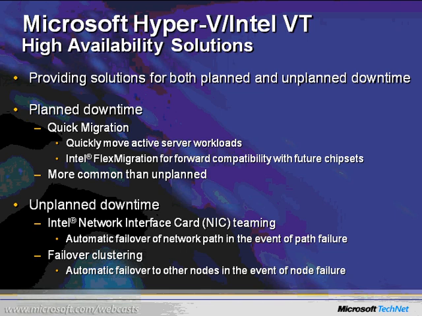Otherwise, the restore operation may not take place correctly. Flex migration provides a compatibility layer that allows current and future Intel CPU and server chipsets to be organized within the same cluster, so that as you end of life physical servers and replace them with newer servers, you won't need to end of life and replace the entire cluster at once. You can do it server by server.